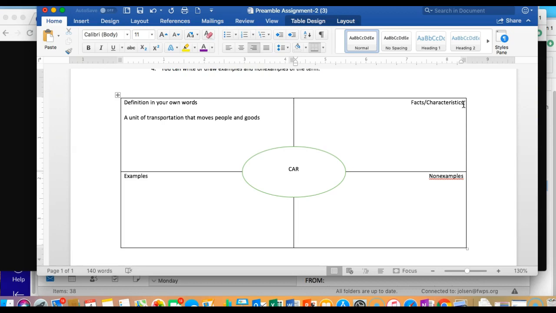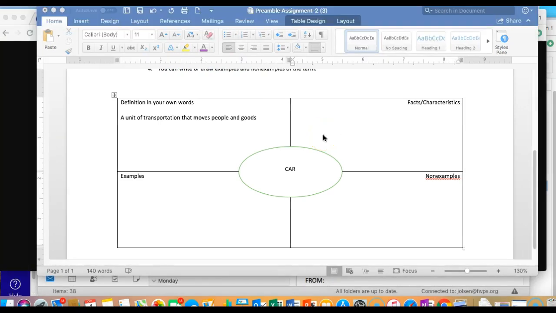So I actually have to come down here. Whoops. Move my cursor, make sure that we're in the right spot. Okay. And what might be some facts or characteristics?